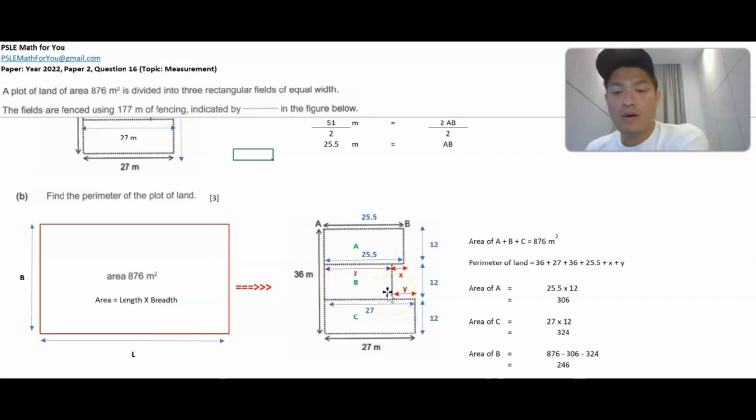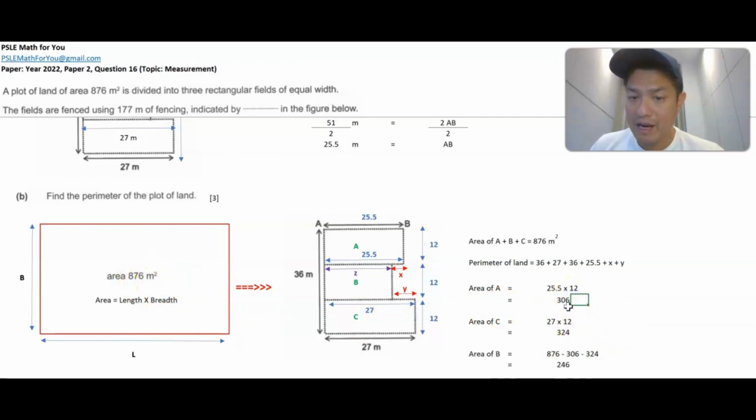Let's take a look at this. We know that the length for this rectangle is 25.5 and the breadth is 12, and therefore we can know the area of rectangle A. We know the area of rectangle C as well, because that's 27 times 12. Now, the area of rectangles A, B, and C equals 876 meters squared.